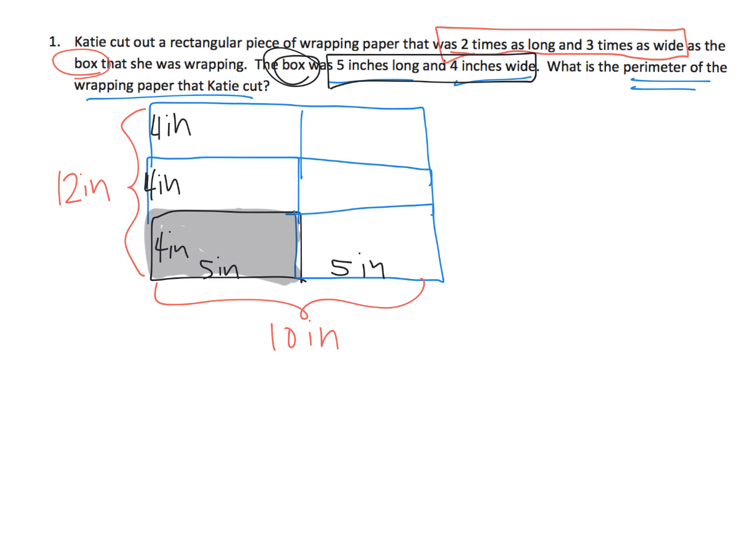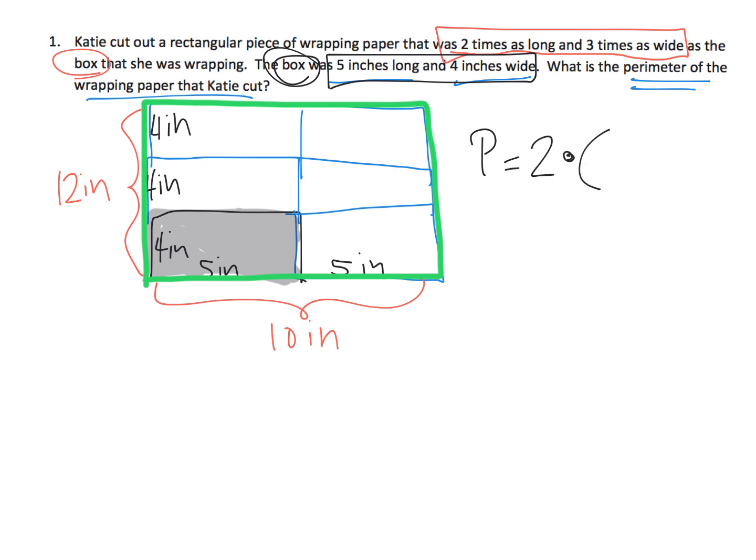So we want to know what is the perimeter, and I'm going to do, let's do green. So what are we going to do in order to get that answer? Well, we know that perimeter is 2 times the length plus the width. All right. So that means it's going to be 2 times.